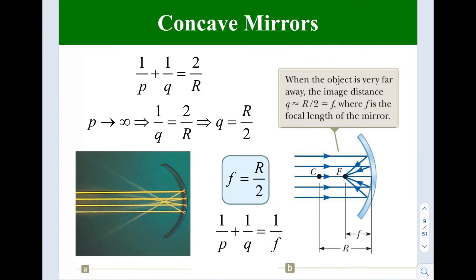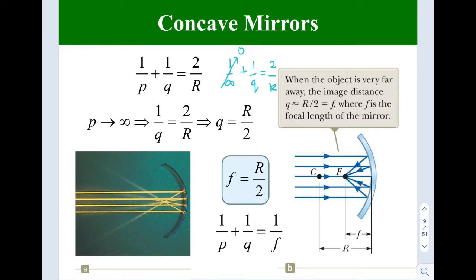Okay, so by taking the object at infinity position, 1 over infinity plus 1 over q is equivalent to 2 over r. 1 over infinity gives you 0, so you are left with 1 over q equivalent to 2 over r.